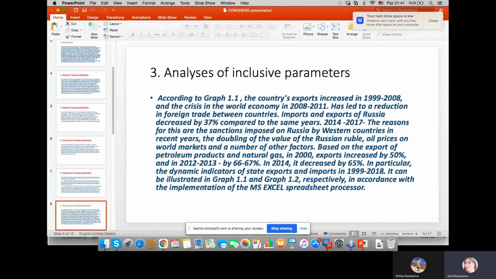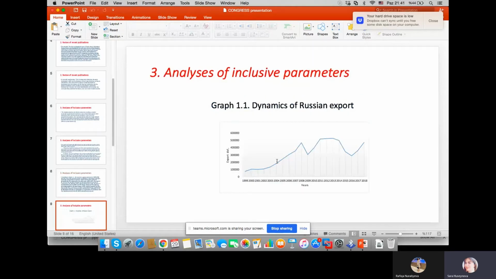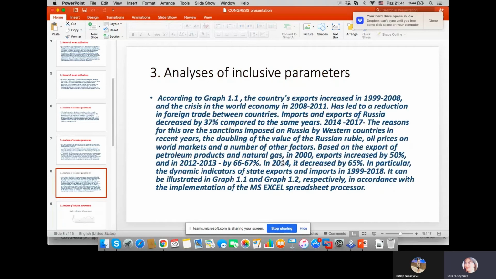Export of the country describes the time period 1999 to 2008, and this period is a graphical representation made in Excel. Here we have an increasing period, then decreasing periods, then a stability period, and then again decreasing and increasing periods in the dynamics of the Excel spreadsheet.